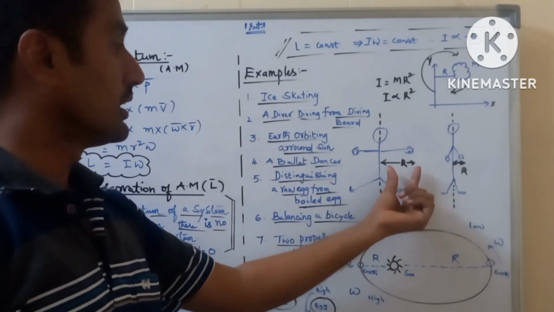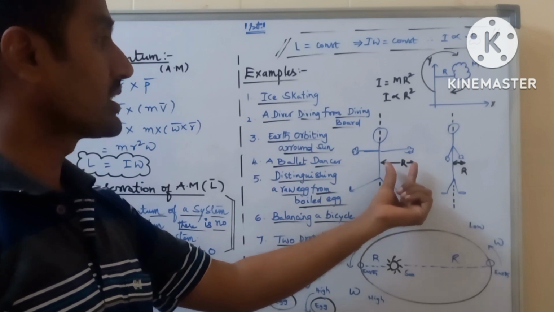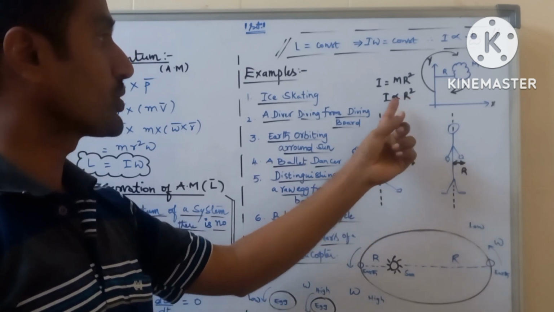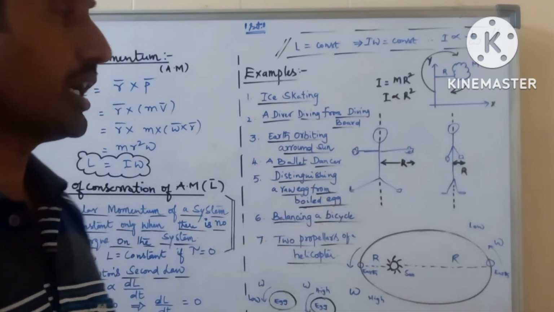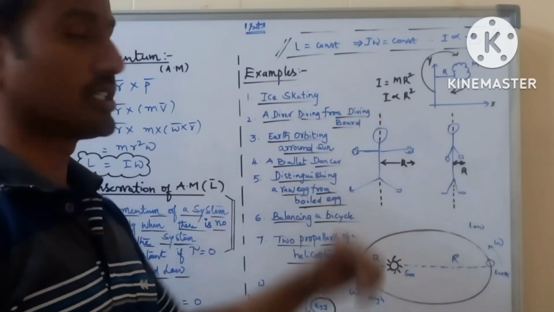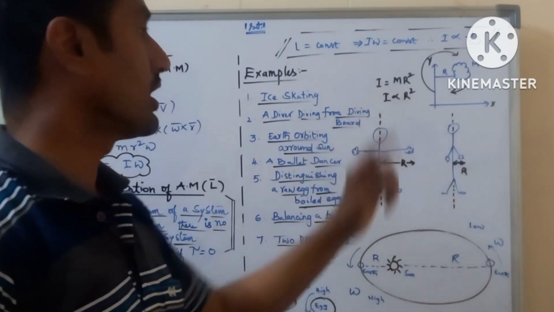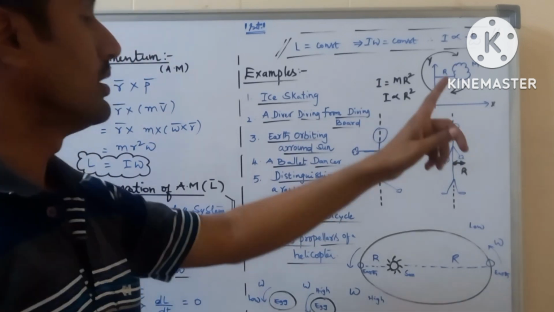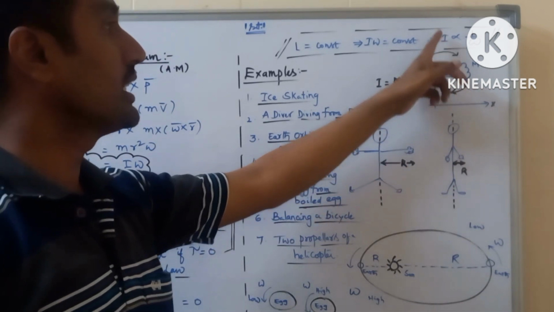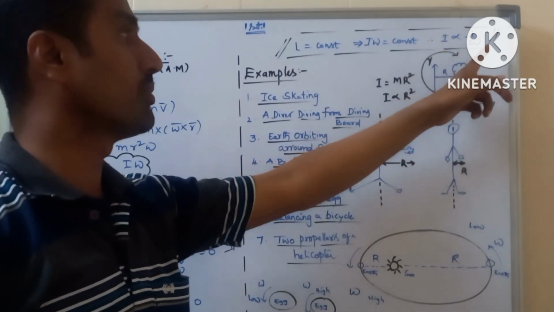Because the distance from the axis is directly proportional to moment of inertia, when the radius increases, moment of inertia also increases. When the radius decreases, moment of inertia also decreases. When the moment of inertia increases, angular velocity decreases. When the moment of inertia decreases, angular velocity increases.